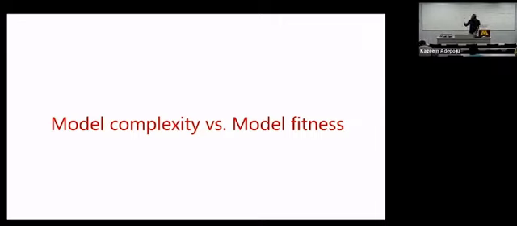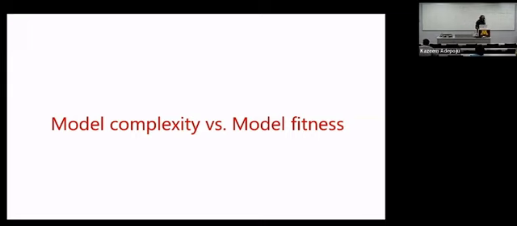Some statisticians normally find it difficult to differentiate between model complexity and model fitness. Before today, we've been considering model fitness. But when should we consider model complexity? We're going to consider model complexity when the number of independent variables is more than 2 or 3. Does that make sense? When you've got a lot of predictors in the model.